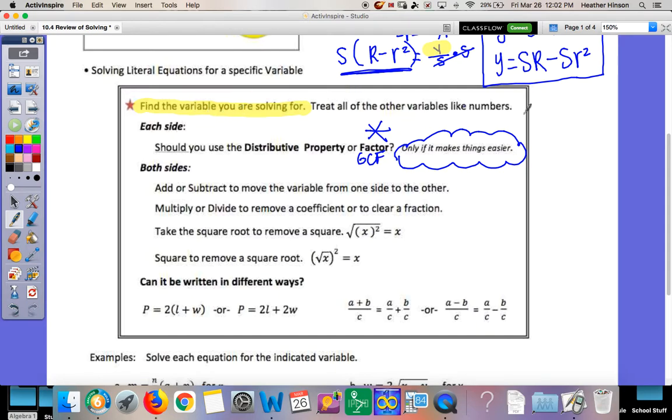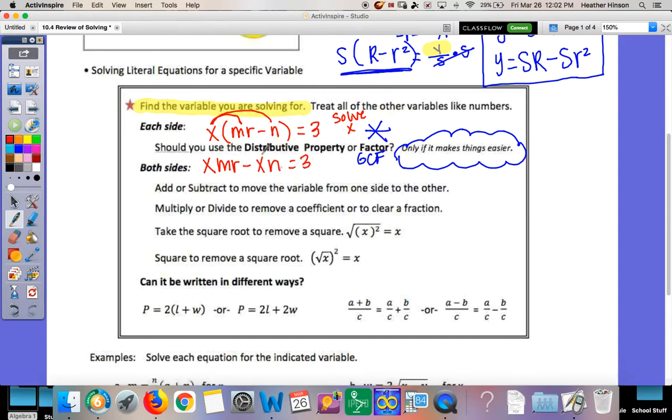So for instance, if we have x times (m minus n) equals 3, and I want to solve for x, if I were to distribute this, that's going to give me 2 x's.